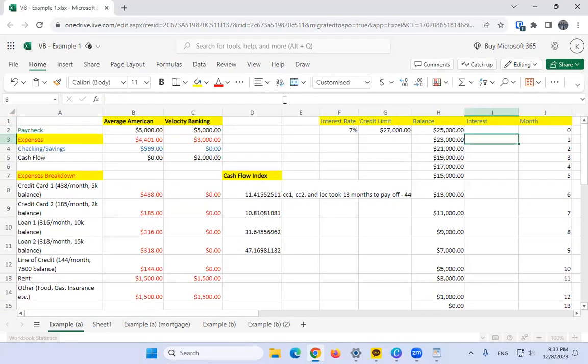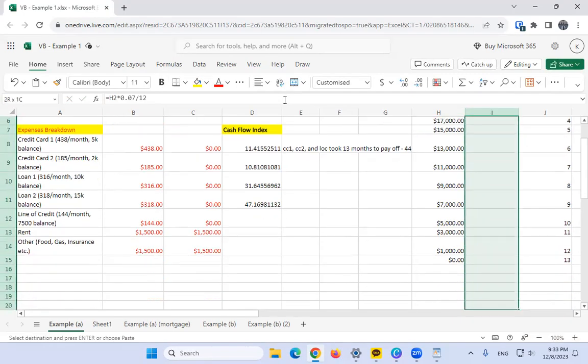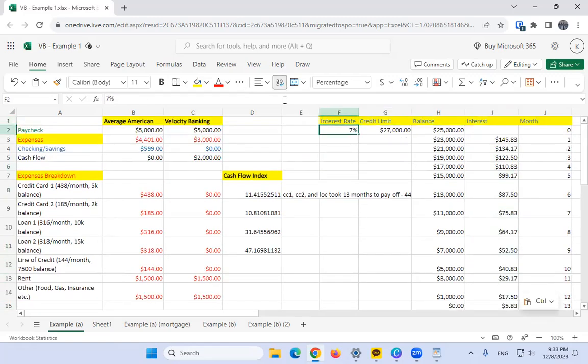And then we're going to take the previous month's balance, which is H2, times 0.07 divided by 12. And if some of you might not know, why do we divide by 12? Because the interest rate is always quoted annually, APR, annual percentage rate. And if you want to estimate the monthly interest, just divide that by 12, right?